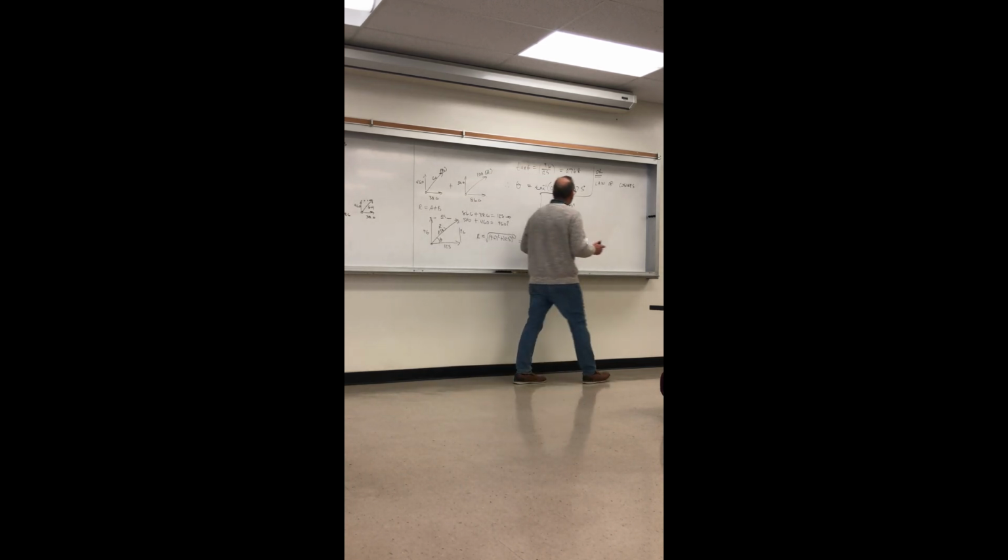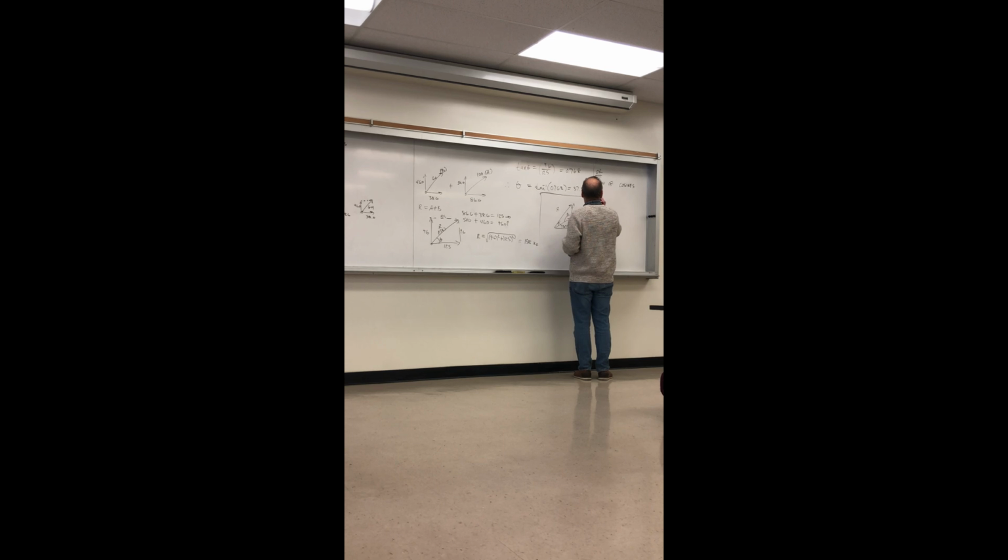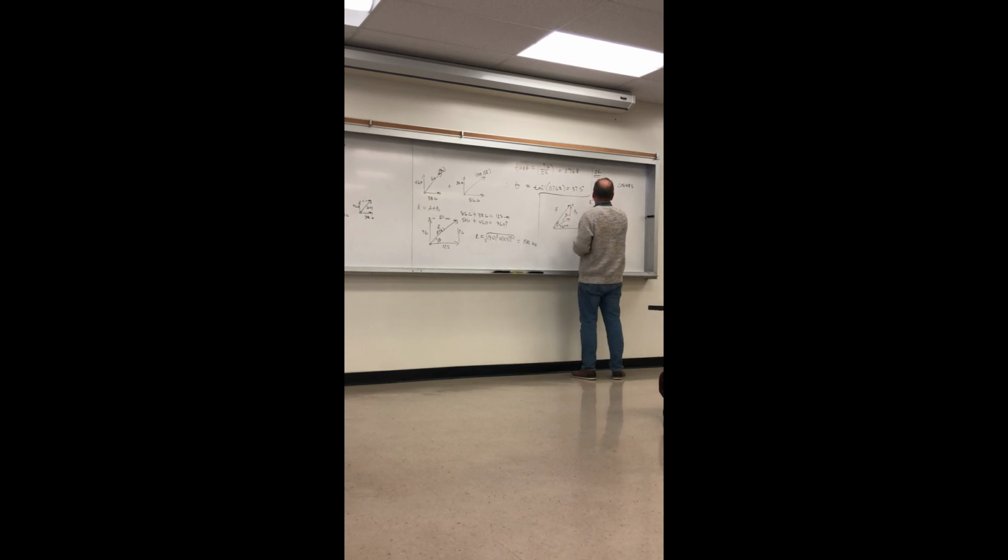We have r squared equals a squared plus b squared minus 2ab cosine theta.